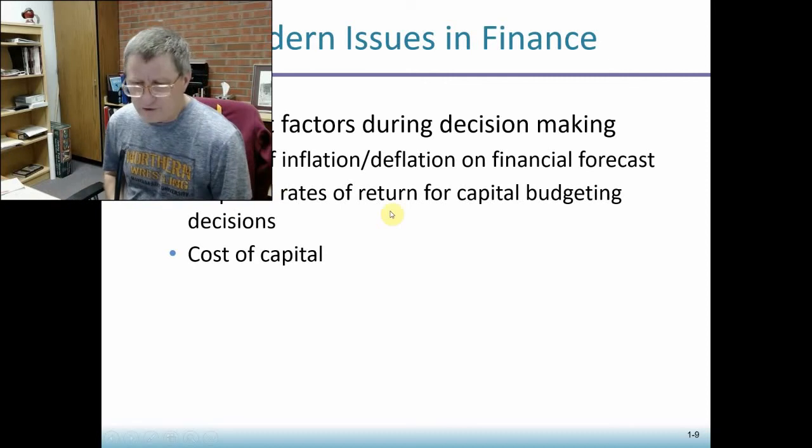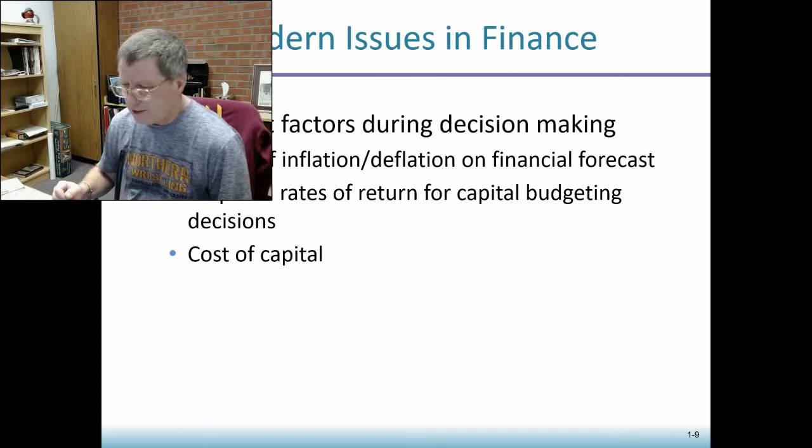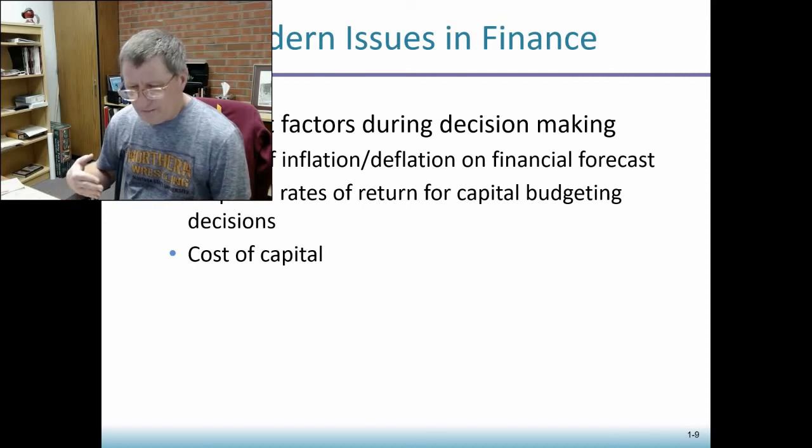What kind of rates of return do you need, what's your cost of capital, and how's all that affected by inflation? Again, using a personal finance example makes a lot of sense here. People that bought homes last year were able to finance them at extremely low rates, anywhere from 2 to 3%. And all of a sudden the value of those houses is inflating.